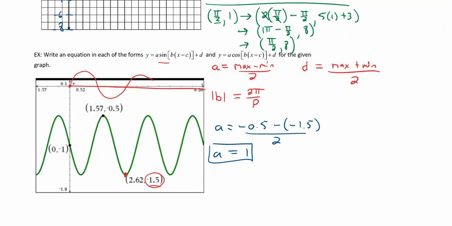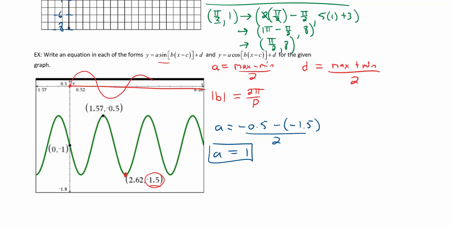Let's do B now. Our B value is going to require that we figure out our period, right? So let's figure out our period. We know that from here to here would be the period, but I don't know what that is, so that's not going to help me. I do know that from here to here would be 1.57, but that's like 3/4 of the way there, which is a little awkward.